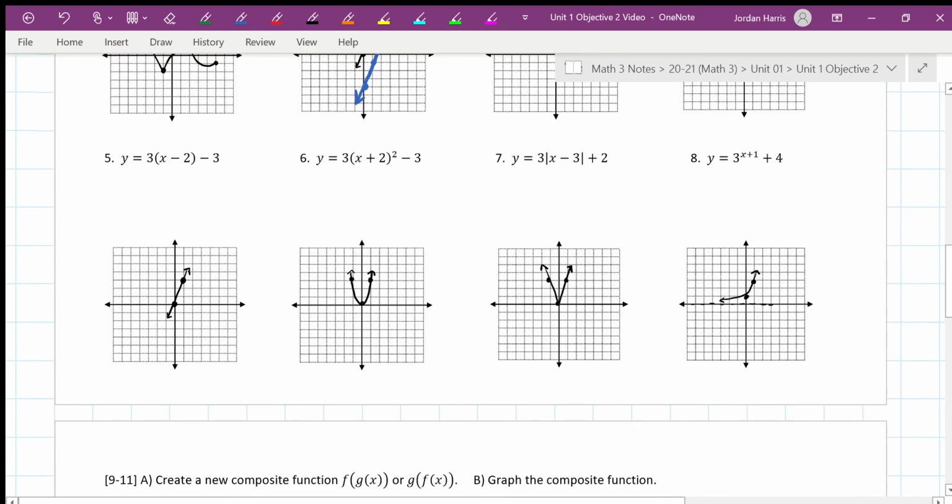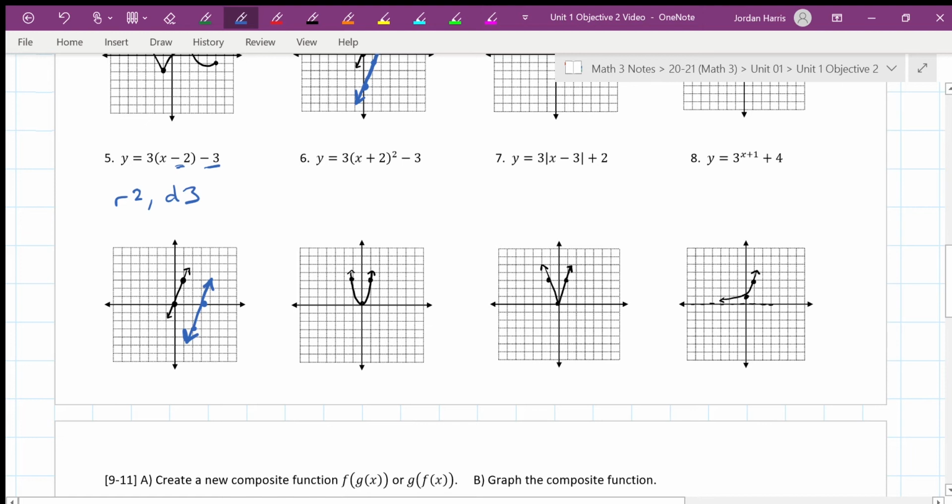I'm using the pre-drawn one here to help me shift. Okay, and then we could do the same thing, but now we have multiple things happening to each one of these. So this one we have a right 2, down 3. So 1, 2, 1, 2, 3. 1, 2. Just take each point and move it.